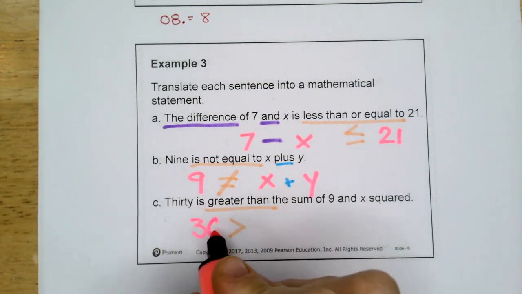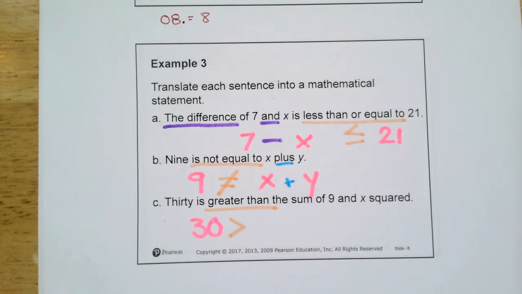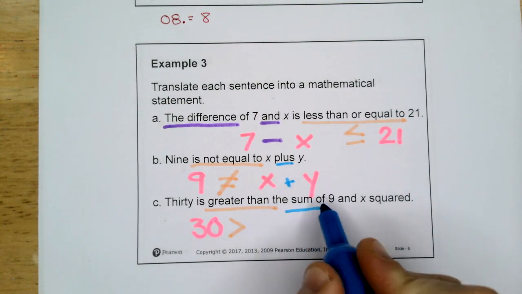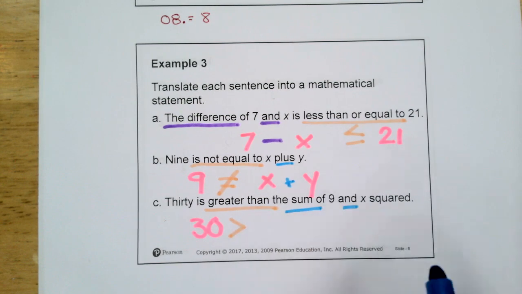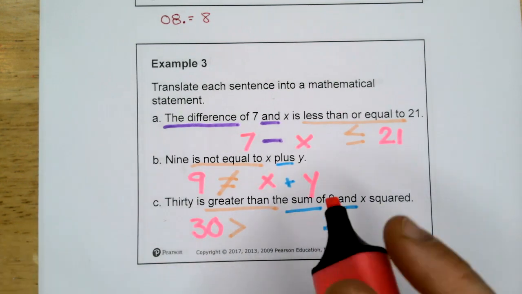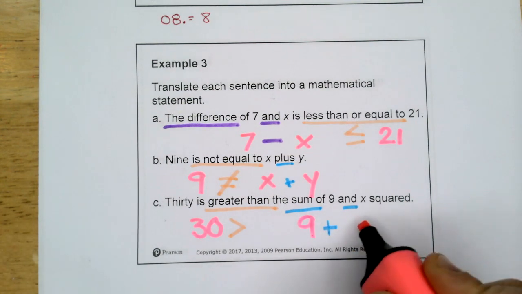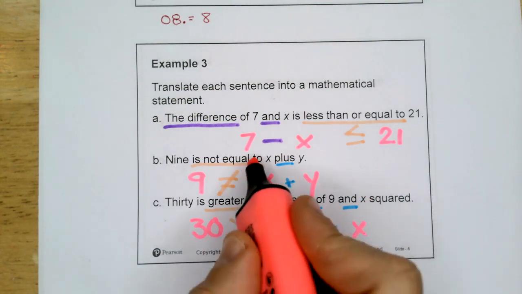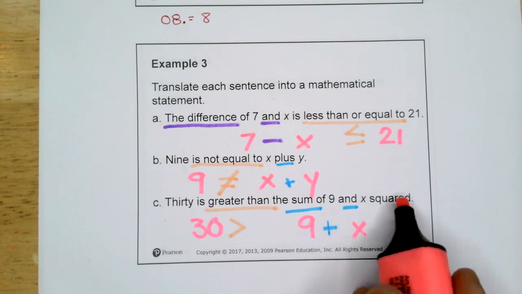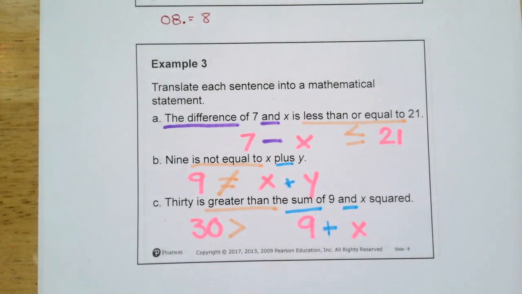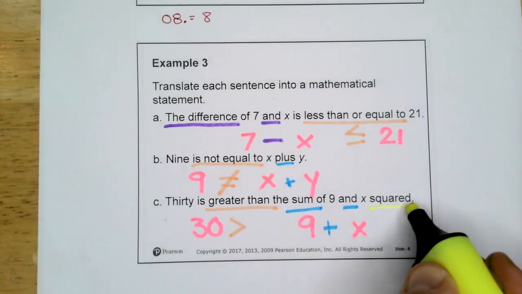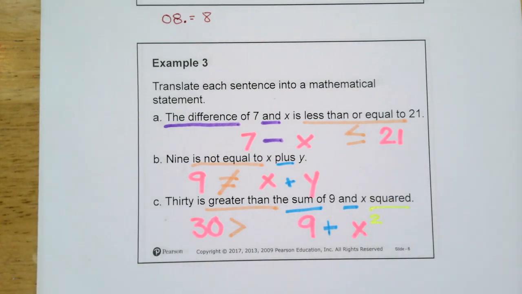30 is greater than the sum of, needs an and, the sum of, I know means plus, 9 and x, I just bring down like that, x and like that, y, x, but what is squared? Squared means we're going to put a little 2 above the x.